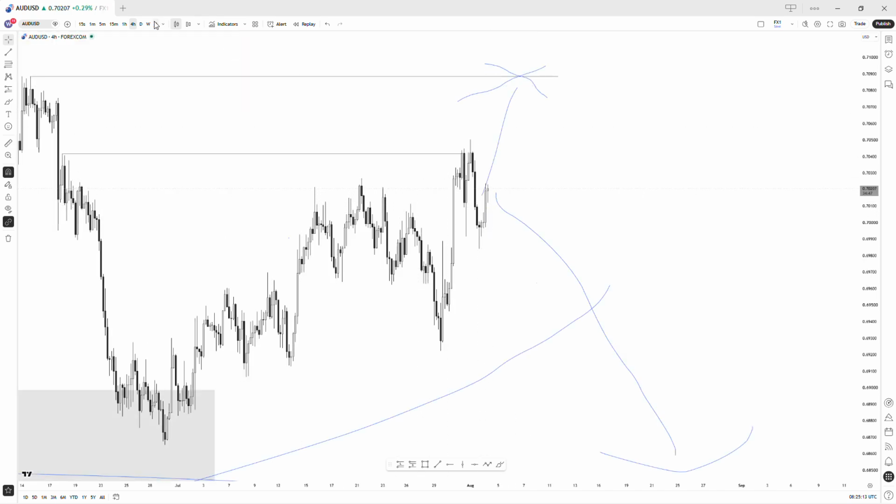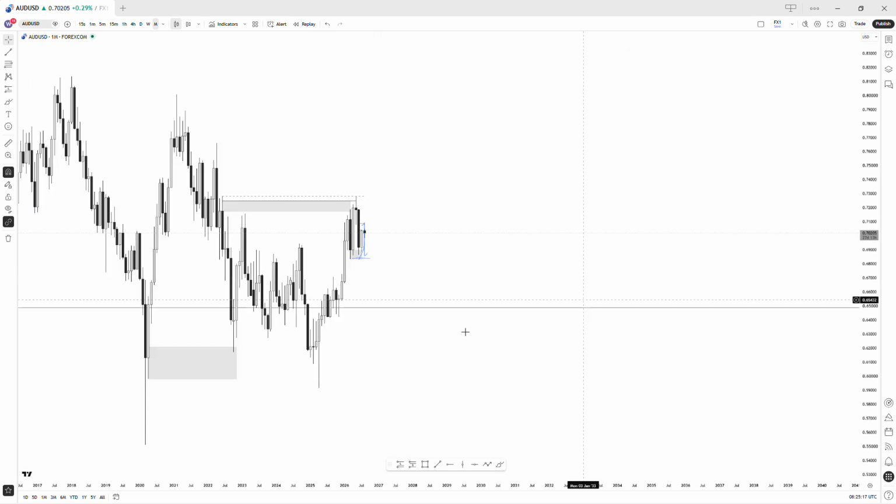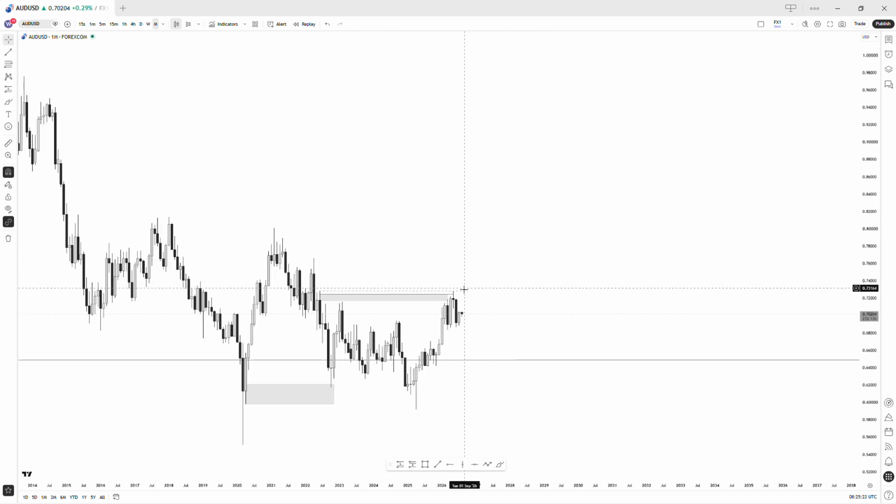For AUDUSD, starting with the weekly time frame. On the weekly time frame, what we can see is that we are expecting this high, which is causing price to move to the downside, and is building liquidity at this low, which we want to see get taken out.